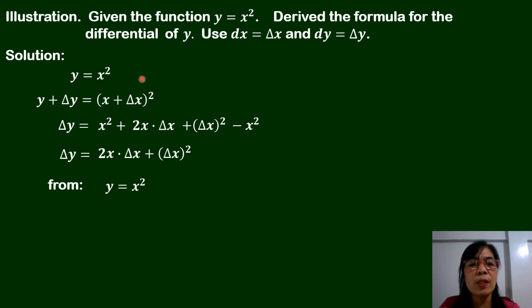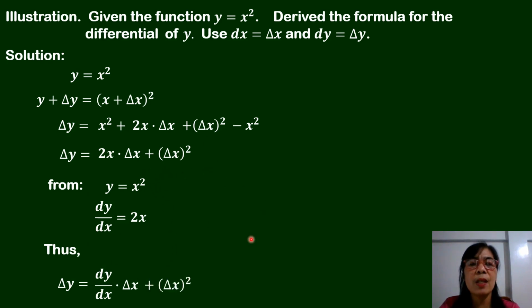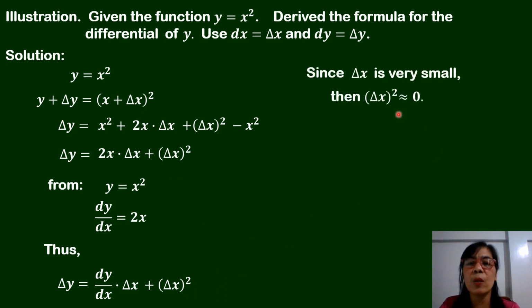Going back to the function y is equal to x squared, differentiating this function, or finding the derivative of y with respect to x, will be equal to 2x. So in this equation, 2x is actually equal to the derivative of y with respect to x for this function. So we have delta y is equal to 2x, which is the derivative of y with respect to x, times delta x plus the square of delta x. Since the change of the value of x, delta x, is a very, very small amount, squaring it, it is safe to say that its value is almost equal to 0.